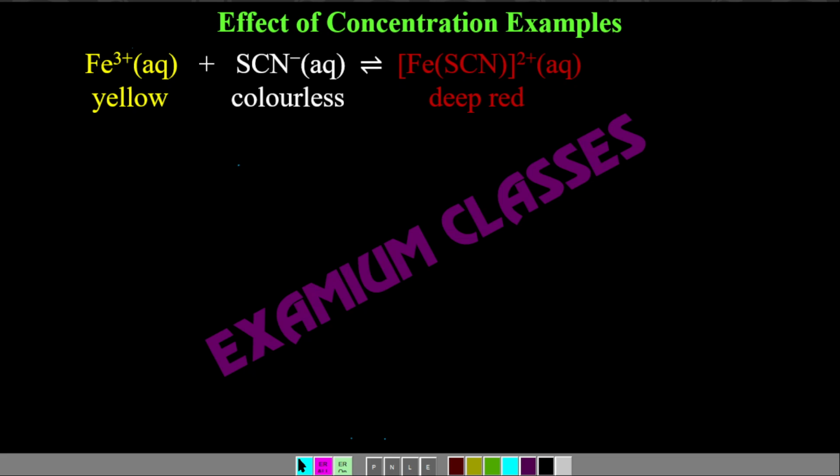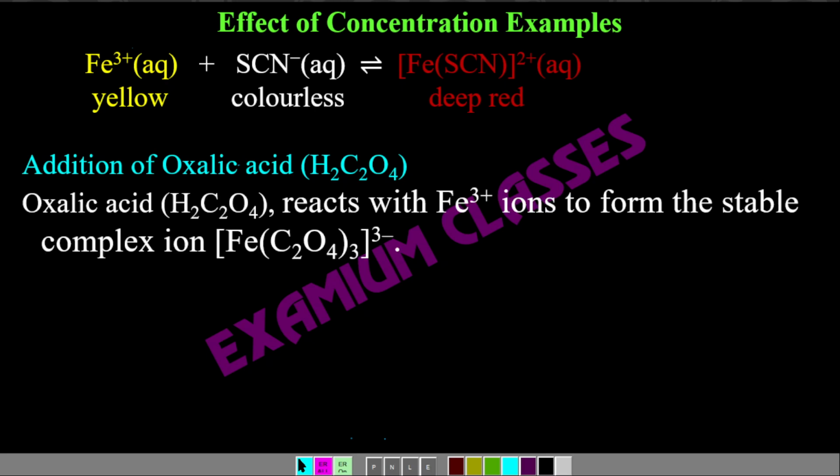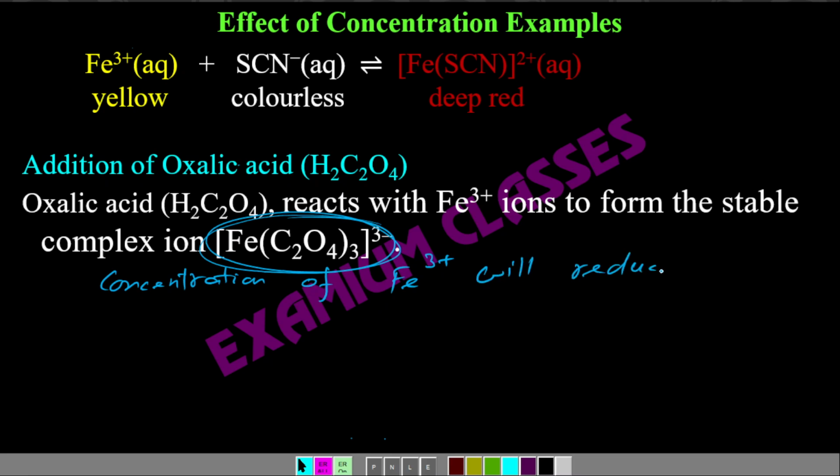Okay, so what we are doing first here, we add oxalic acid here. So what will happen? Oxalic acid actually will react with Fe3+. Oxalic acid reacts with ferric ions to produce another complex. It means the concentration of ferric ions will reduce because these will be consumed.